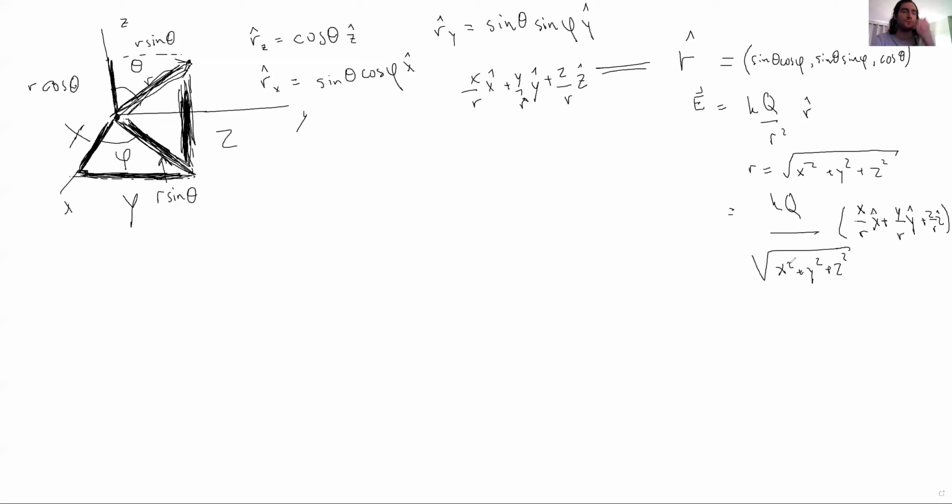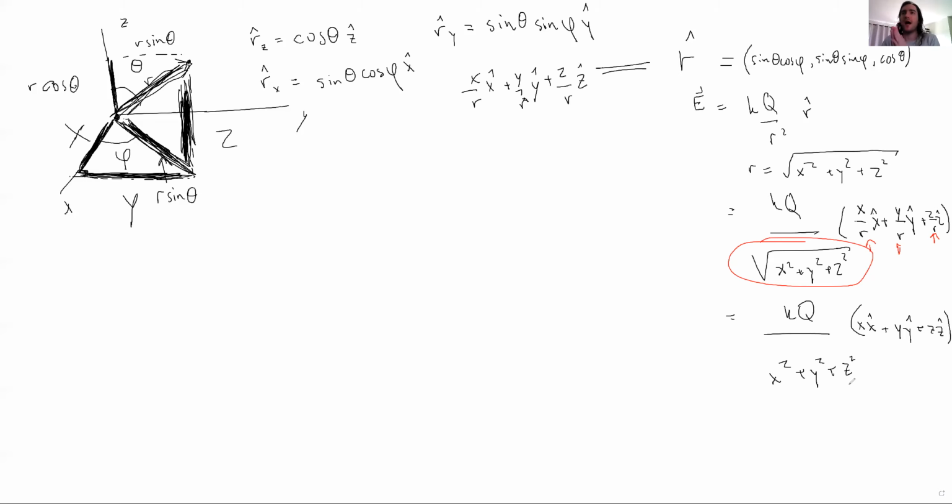Let's go ahead and pull out this factor of r here and combine it with this factor of r. Let's use a different color. We have r's here on all the terms. We can pull it out and combine it with this factor here. And so what we end up with is kq divided by x squared plus y squared plus z squared, times x hat plus y hat plus z hat.